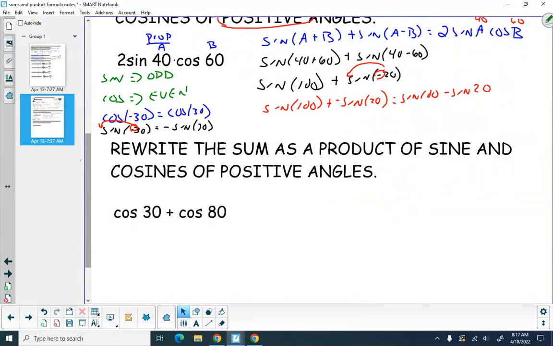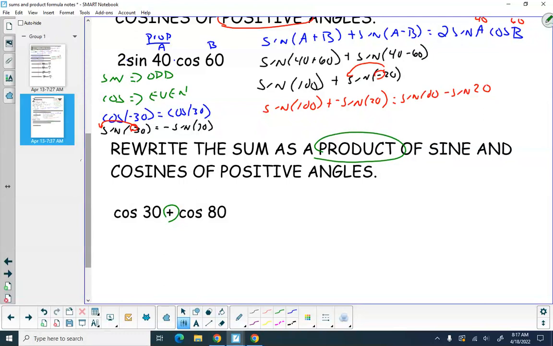Last type of problem. Rewrite the sum as a product. So what we have here is we have addition, we have the left-hand side, and we want to move that to the right-hand side.